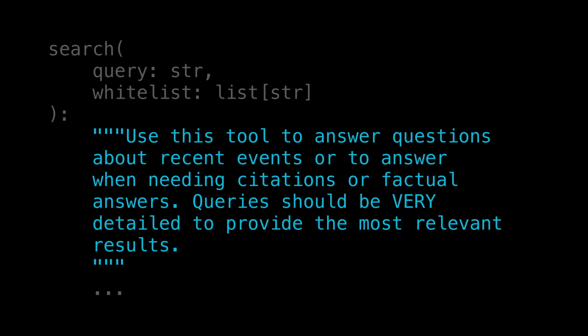We're going to be using what is called the tool decorator from LangChain. And there are a few things to keep in mind when we're building tools. So for optimal performance, our tool needs to be very readable. And what I mean by readable is we need three main things. One is a docstring that is written in natural language, and it is going to be used to explain to the LLM when and why and how it should use this tool.